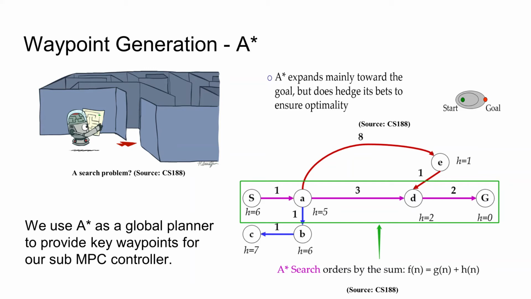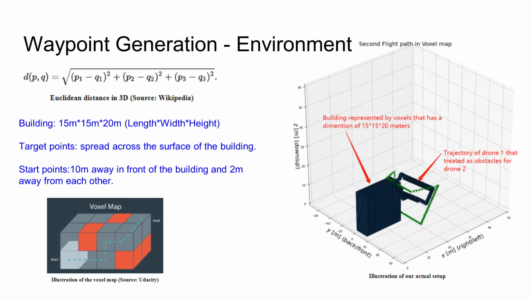For implementation, we use Python's priority queue data structure, which allows us to quickly and efficiently select the lowest cost partial plan from our queue of all partial plans. For the heuristic function, we use Euclidean distance, which ensures it is admissible and consistent.